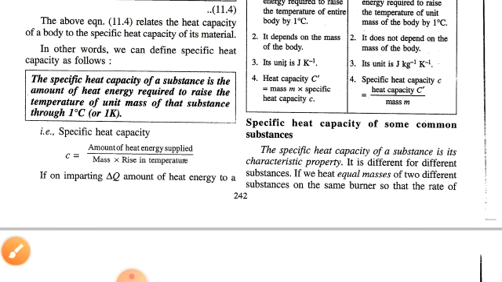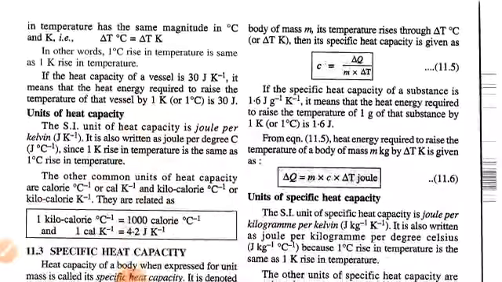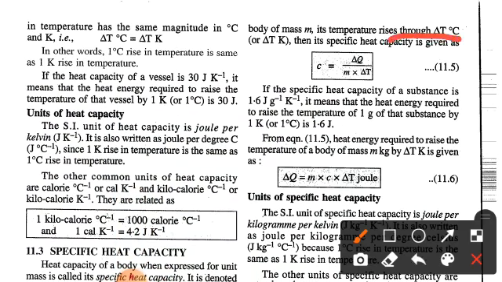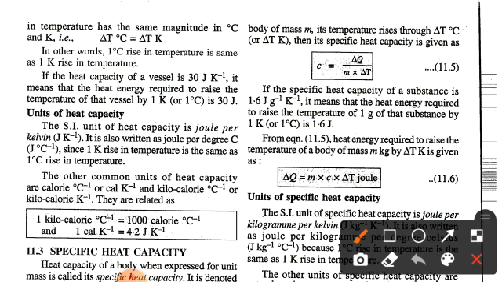So, if on imparting delta Q amount of heat energy to a body of mass small m, its temperature rises by delta T degree Celsius or delta T Kelvin, then its specific heat capacity is given by which formula? c equals delta Q by m delta T. If the specific heat capacity of a substance is 1.6 joule per gram per Kelvin, it means that the heat energy required to raise the temperature of 1 gram of the substance by 1 Kelvin or 1 degree Celsius is 1.6 joule.